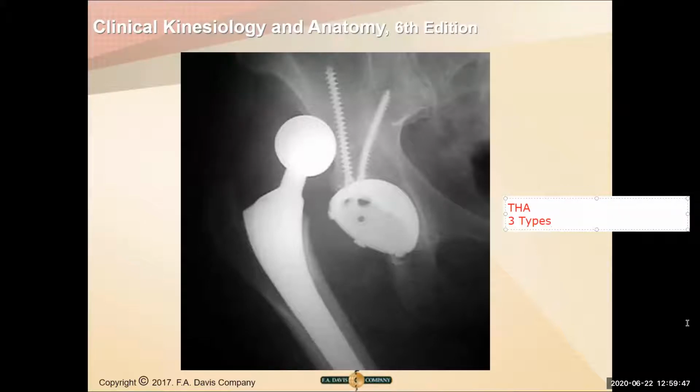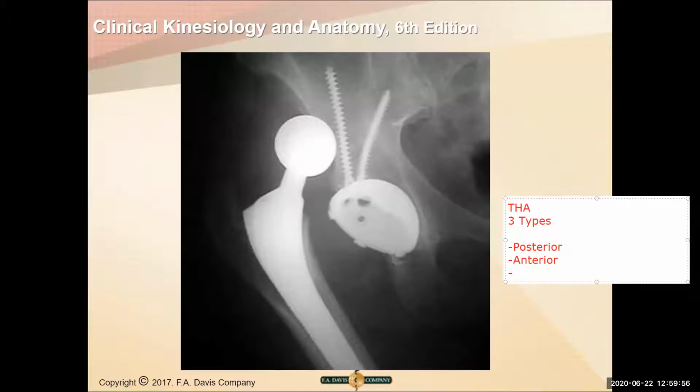They're named after the direction they go, right? So we have our posterior. If we have a posterior, guess what else we have? Anterior, good. And we have one more. Lateral, or it can also be called anterior-lateral.